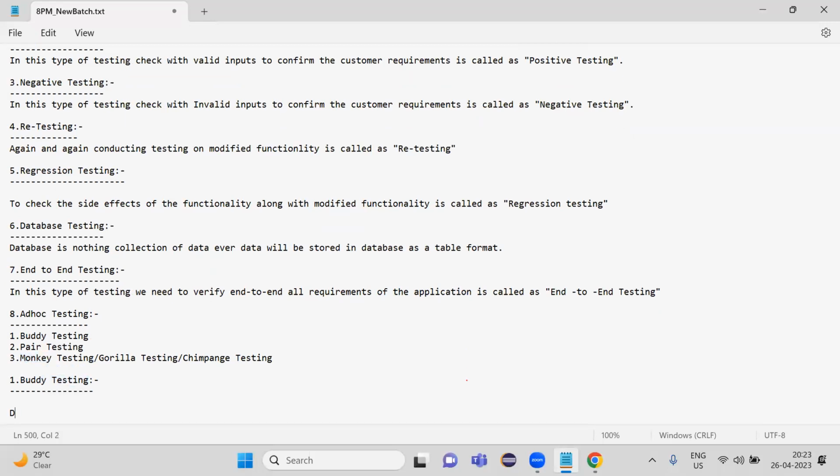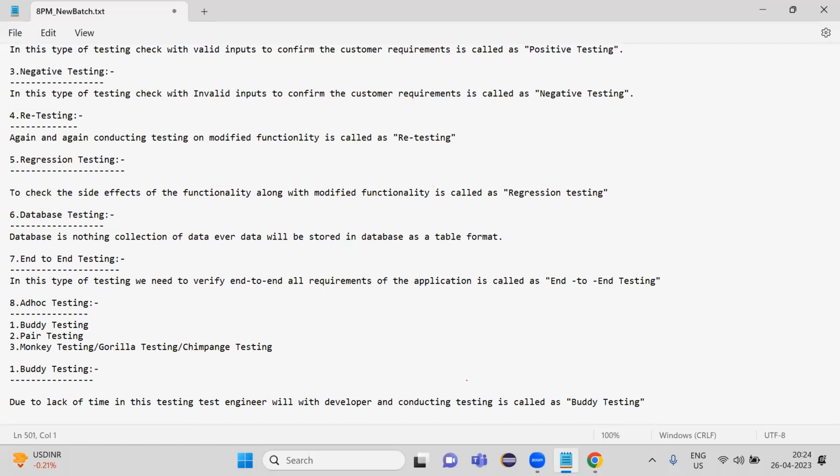What is buddy testing, guys? Due to lack of time, in this testing, with whom do you have to join? The test engineer will join with a developer and conduct testing. That is called buddy testing.